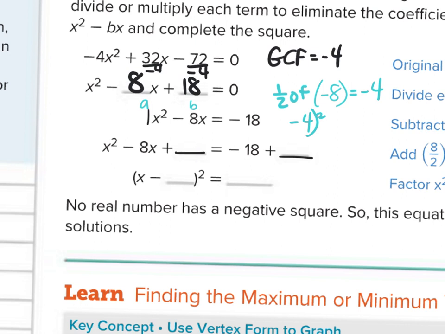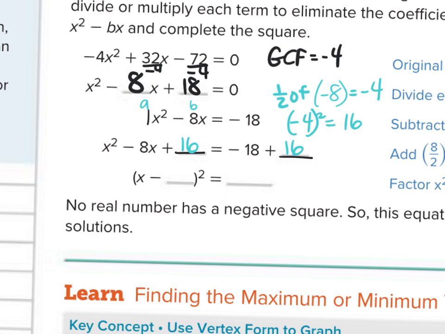If you're typing that in your calculator, make sure you put parentheses. So -4 squared is still going to be the same as 4 squared, which is what? 16. So I'm adding that to both sides. Now remember, from here to here, they're just factoring that quickly because that number in there is the half that we found.